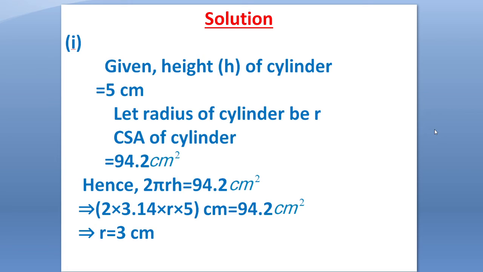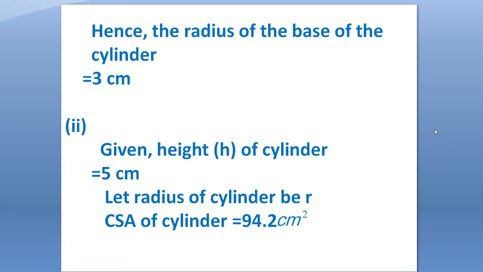Therefore 2 into 3.14 into r into 5 is equal to 94.2 gives r is equal to 3 centimeters. So answer of our first question, r is equal to 3 centimeters. Hence the radius of the base of the cylinder is 3 centimeters.